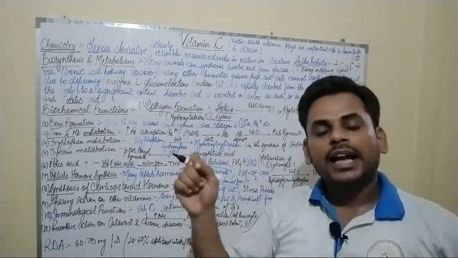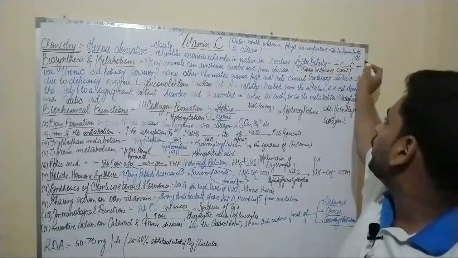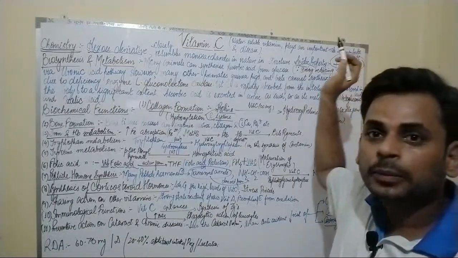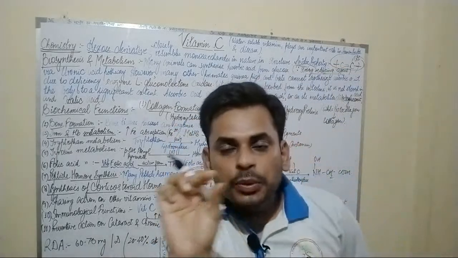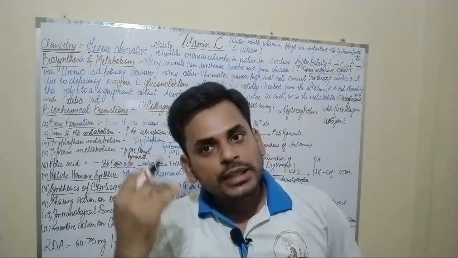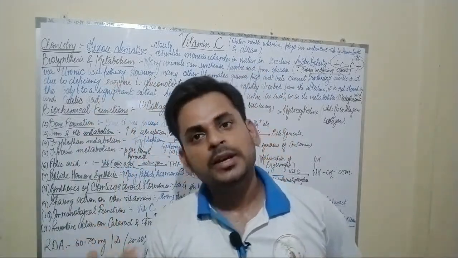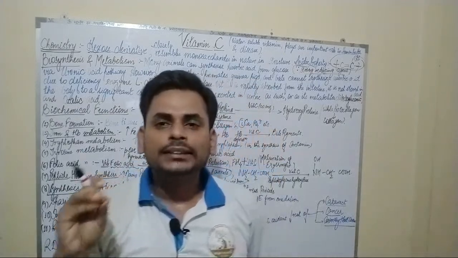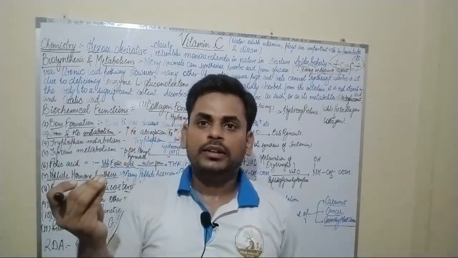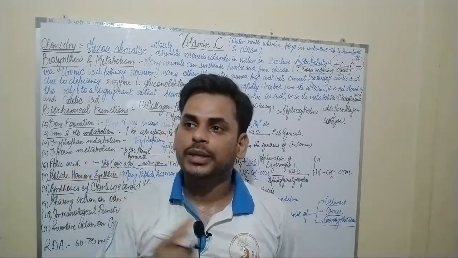So the acidic character is due to the presence of the enolic hydroxyl group, as I have drawn over here, whereas the strong reducing nature is due to the presence of a double bond. These double bonds will break, and that will lead to the addition of hydrogen, thereby causing reduction. That's why ascorbic acid is also a very strong reducing agent.